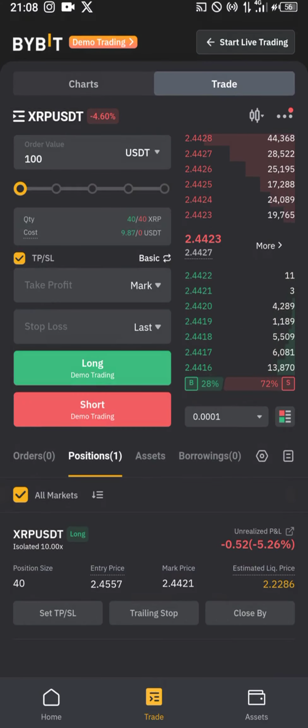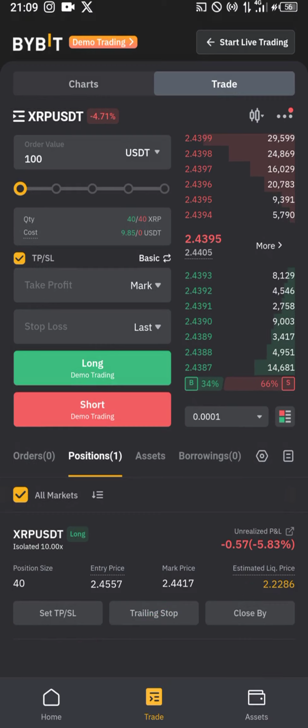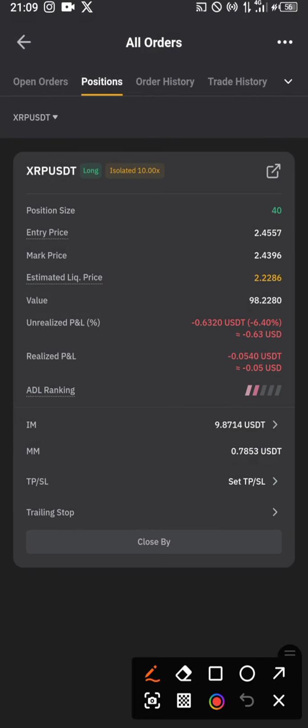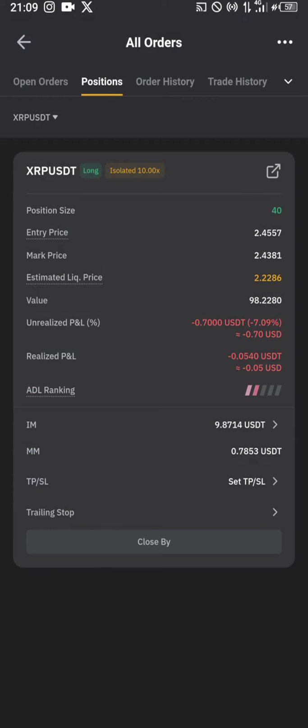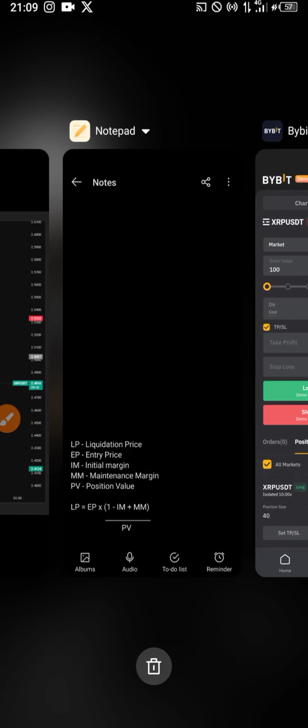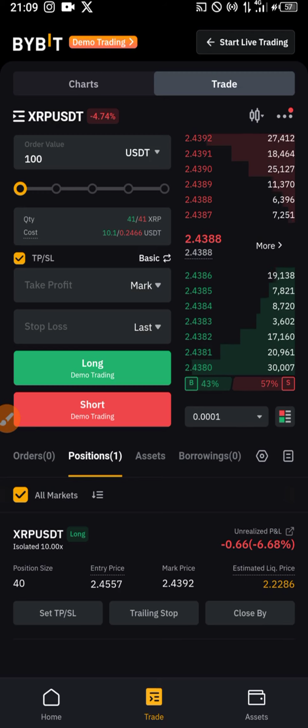So I click here, click on this 2 point something. That's how you get your maintenance margin. You can see this is your maintenance margin right here, and this is the value. Another thing you need is your position value.